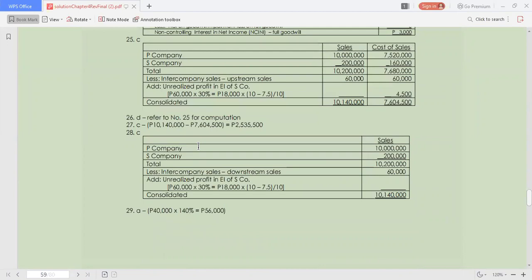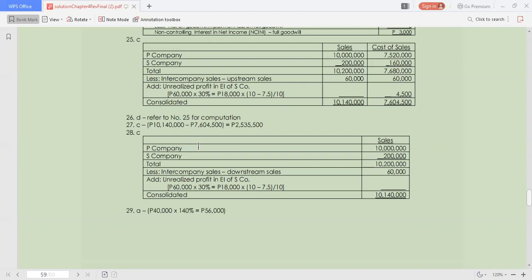So in number 25, use the following information for questions 25 to 28. Patty Company holds 80% of the common stock of Shannon Incorporated. In the current year, Patty reports sales of 10 million and cost of goods sold of 7.5 million.